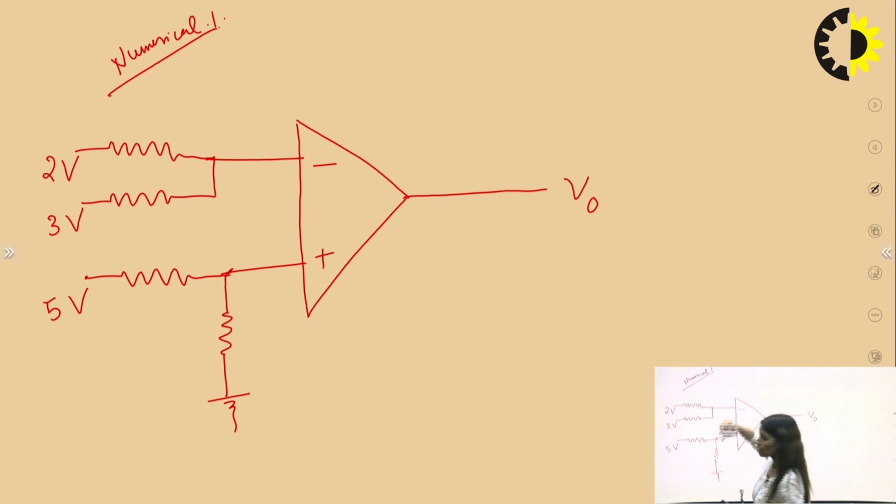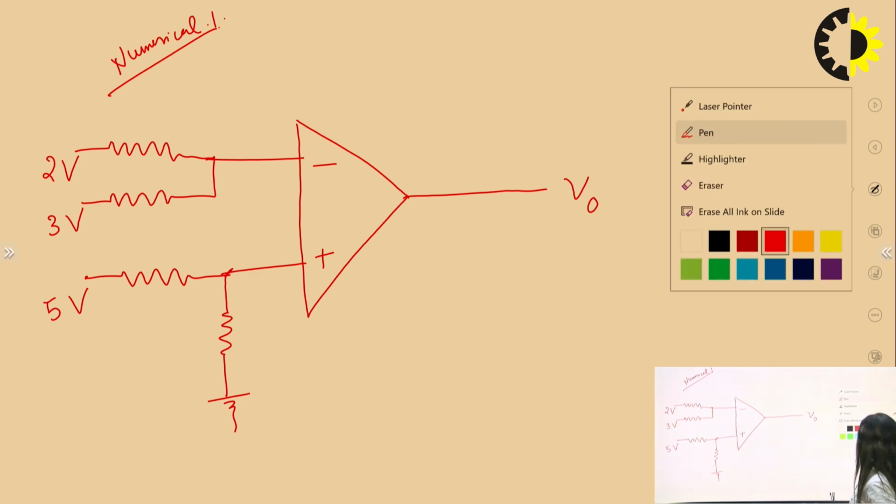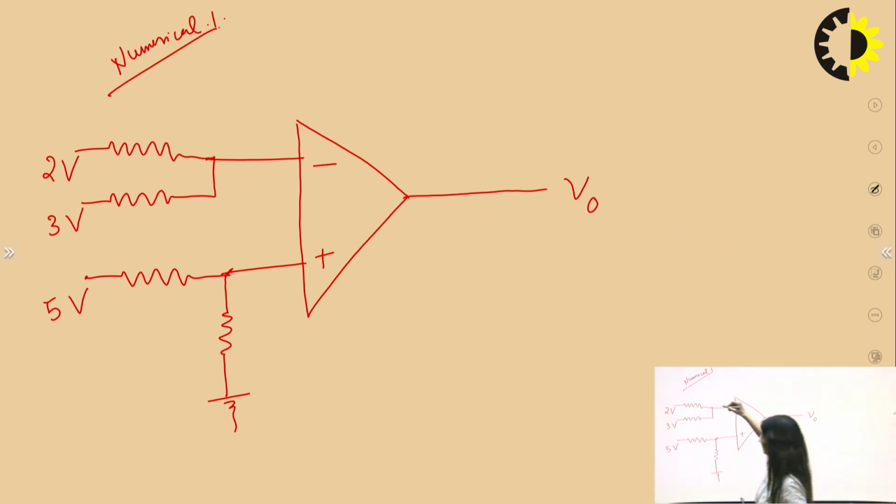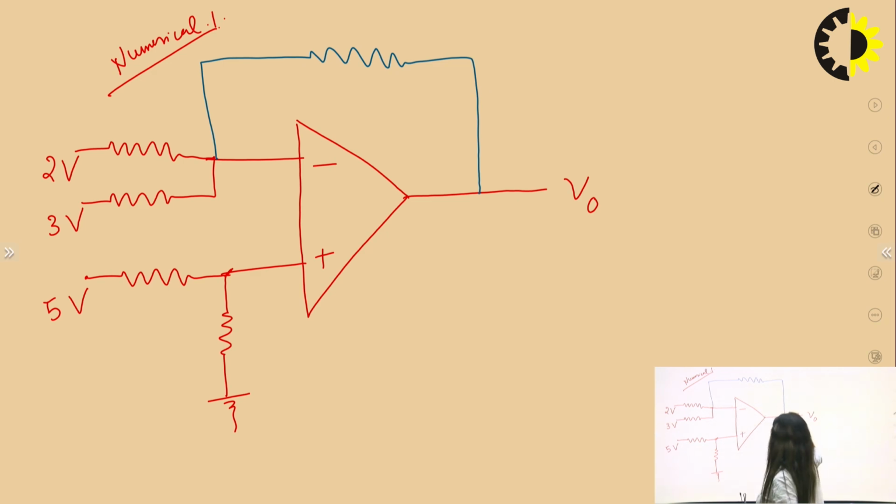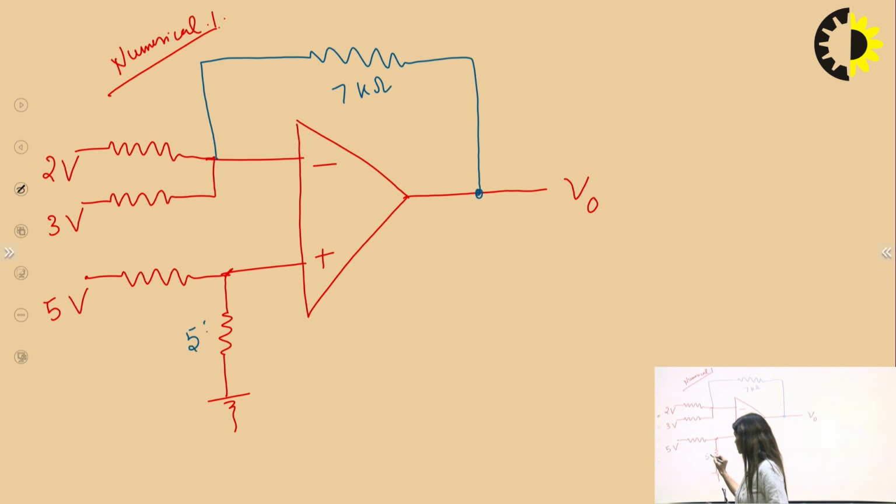To ensure the proper functioning of the op-amp, I will connect one feedback resistance between this inverting terminal and the output. This I am doing, right?